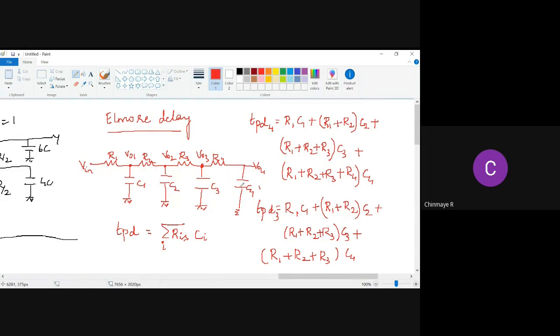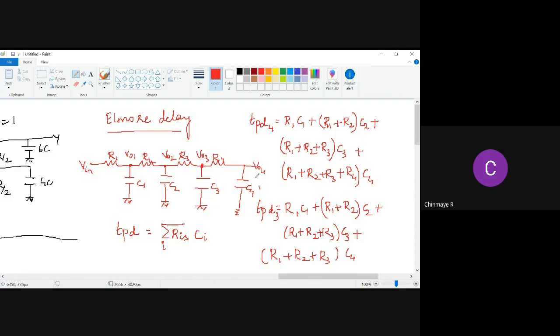So therefore, the terms due to all the capacitors must be included, because each of these capacitors might have been charged and should be discharged, or it might be discharged and should be charging. Therefore, the terms due to all the capacitors must be included in the Elmore propagation delay.